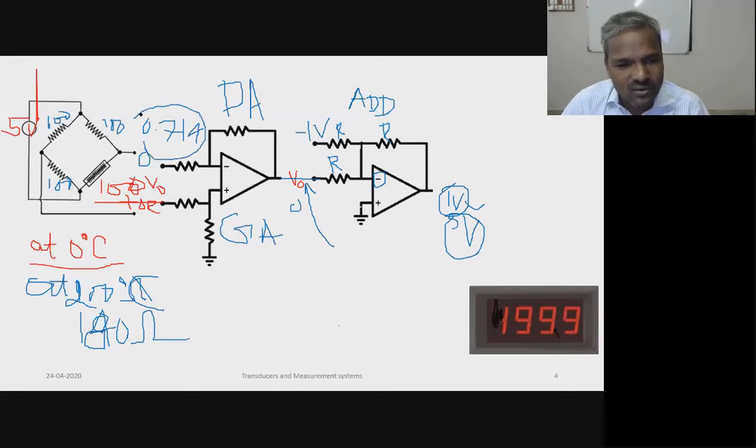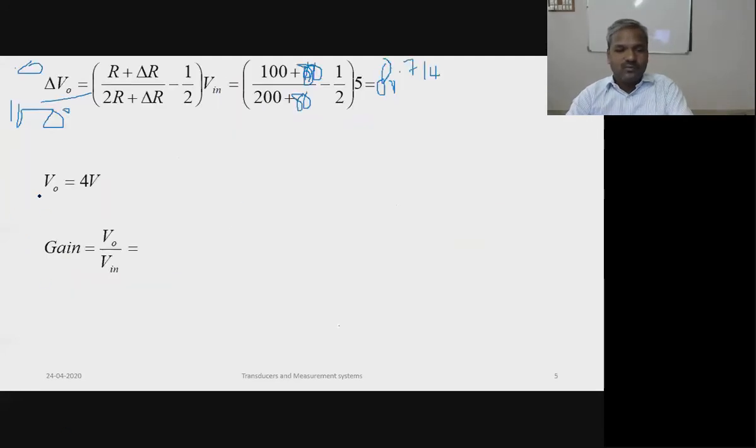0.714. So the differential amplifier output should be 4, so that 4 plus 1 becomes 5 volt here. Can you tell me how much gain should be designed here in the differential amplifier? So the output of the differential amplifier should be 4 volt, so that we finally get 5 volt output.